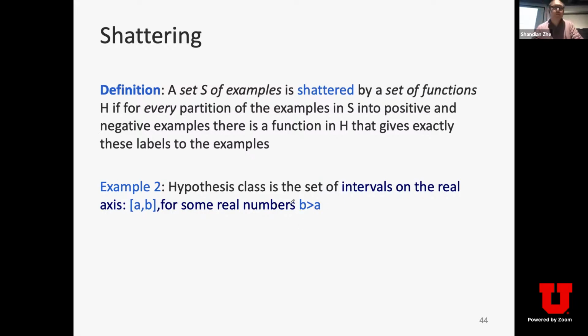Then let's see how many points can be shattered by my interval hypothesis space. First, it is fairly easy to shatter 1 point. I'm not gonna repeat that again, it's really straightforward to see. So then, given 2 arbitrary points, can these 2 points be shattered by the interval hypothesis space?